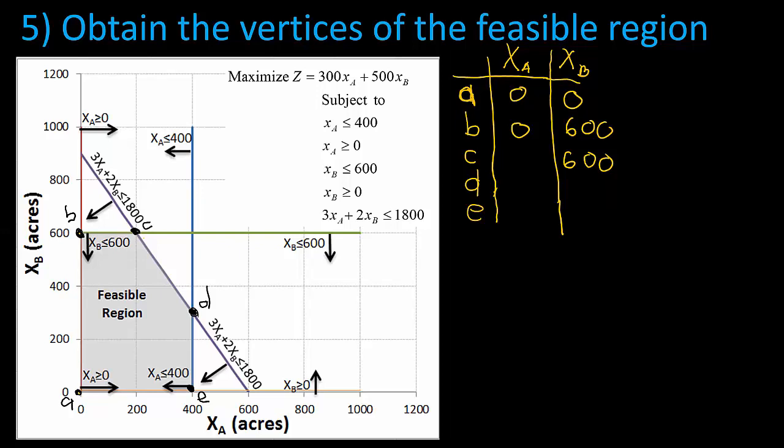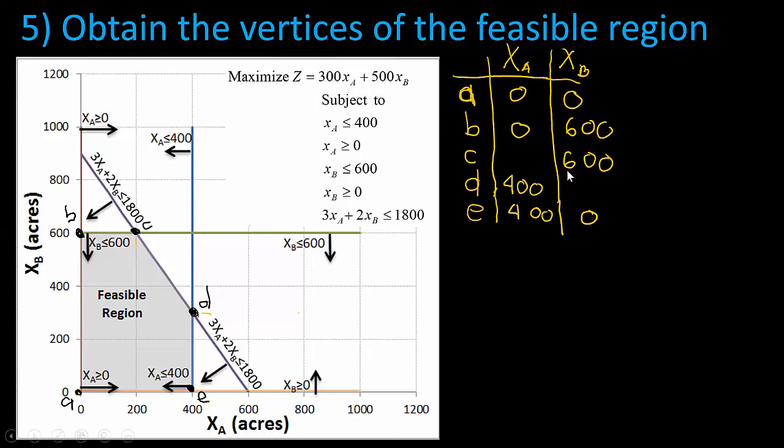The same with D. For D, we know that on the x-axis it is 400, but on the y-axis we're unsure. For E, the last one, we know it is 400, 0.